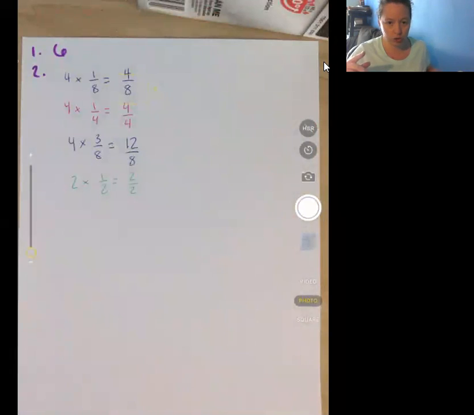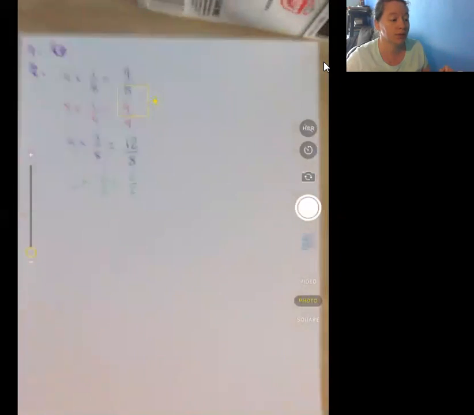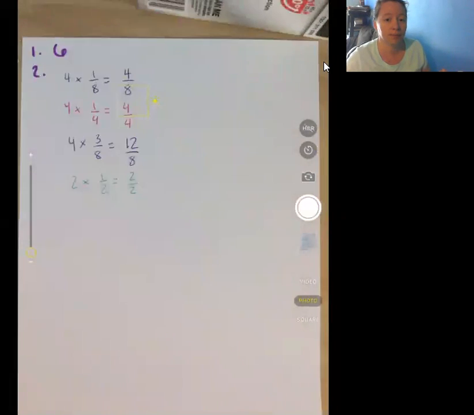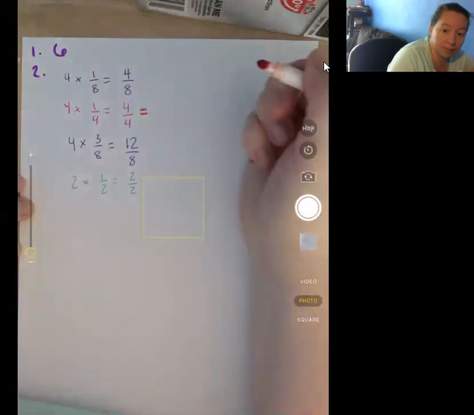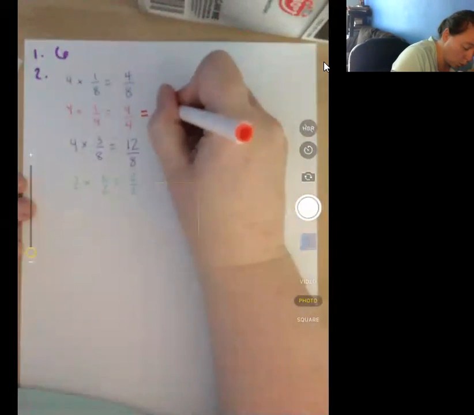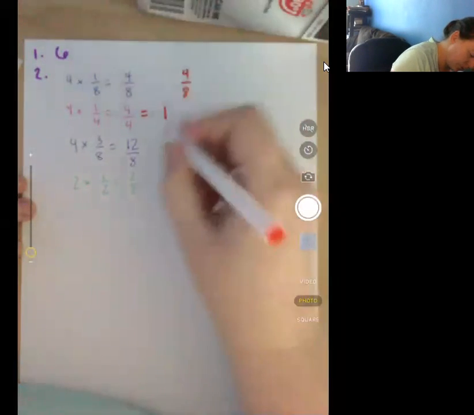I'm going to rewrite these a little bit, just a teensy tiny bit, so that it makes it easier for us to work with. Okay, so 4 divided by 4 is equal to 1. So I'm going to leave the 4/8 the way that it is right now.